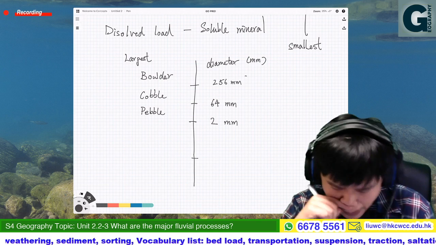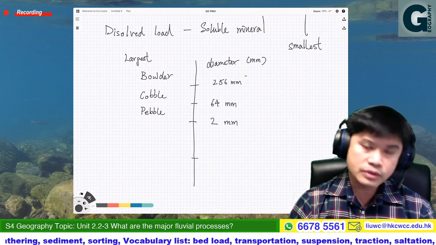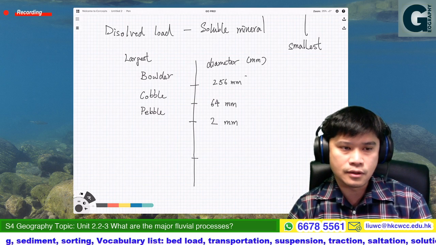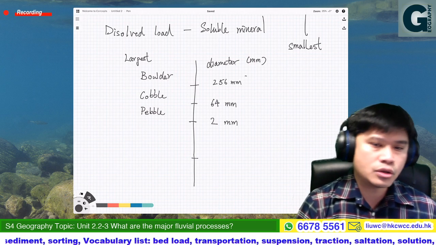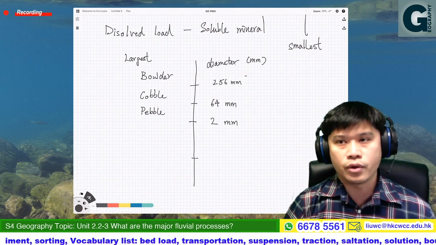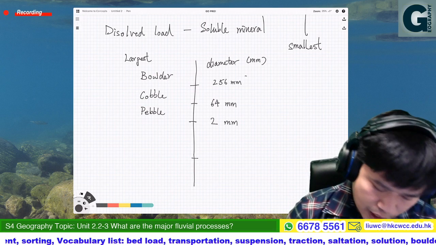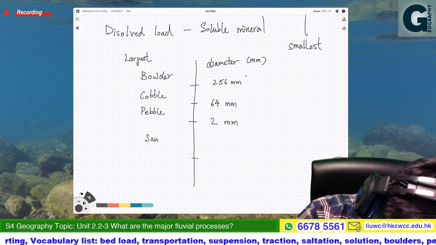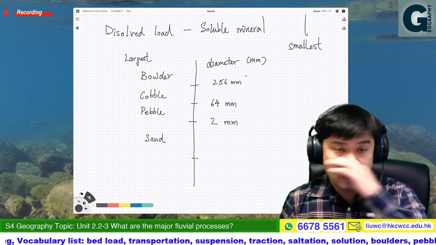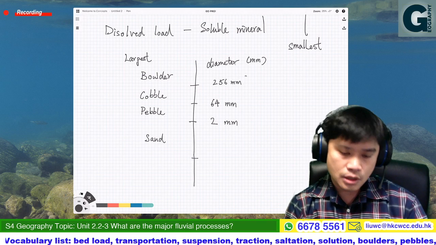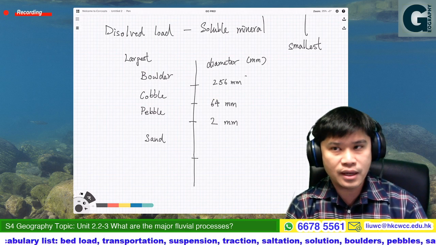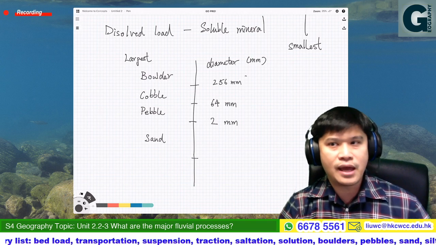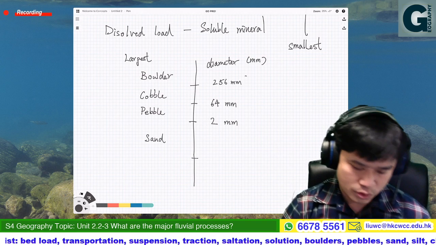Actually, we can do a more detailed classification, but we're not going to do that in this lesson. You just need to know the ranking. So after pebbles, what would be the load? Sand. Sand should be smaller than 2 mm.